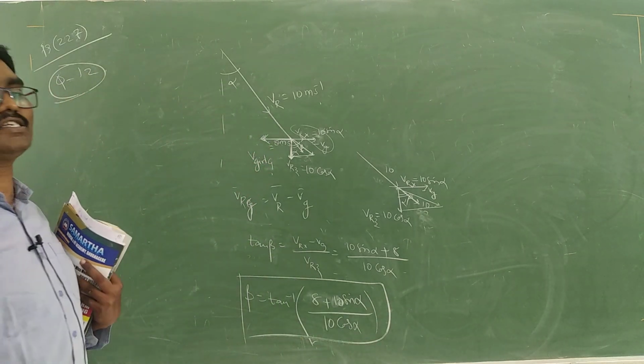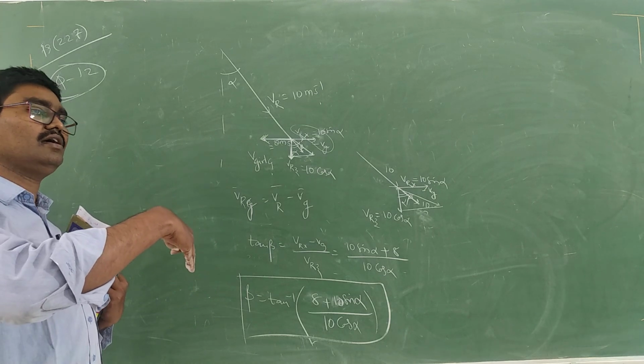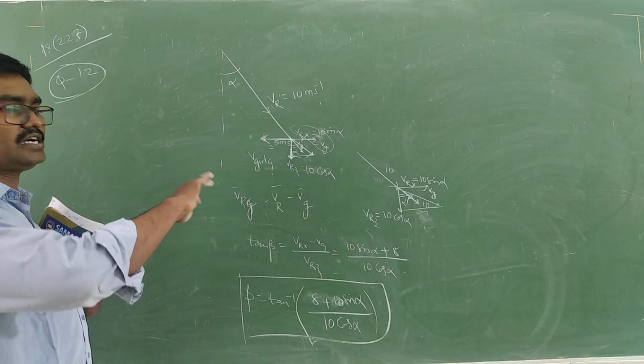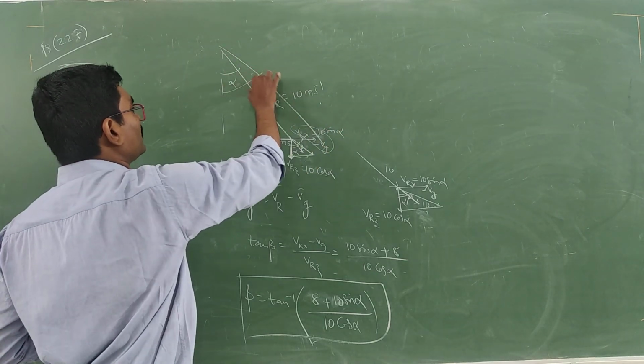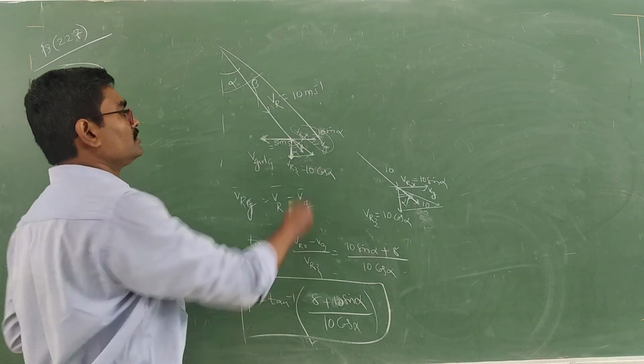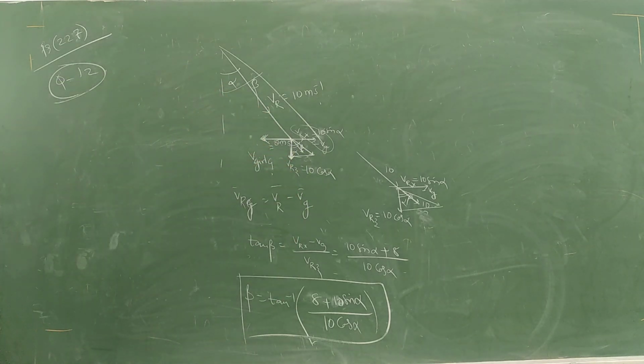What is the direction of holding? Opposite to the resultant direction of rain. Rain will come this way, that is beta, so she has to hold the umbrella in the opposite direction. That's the answer. That is about river boat and rain models. Okay, solve that.